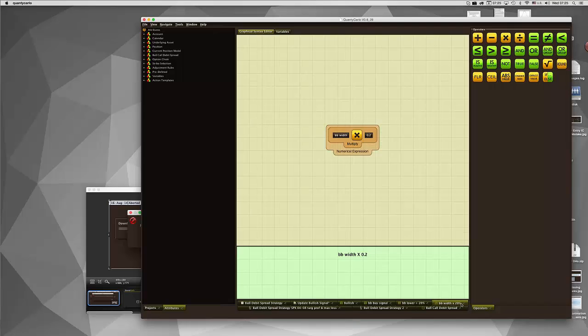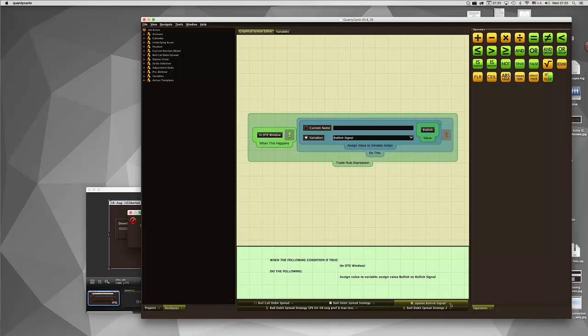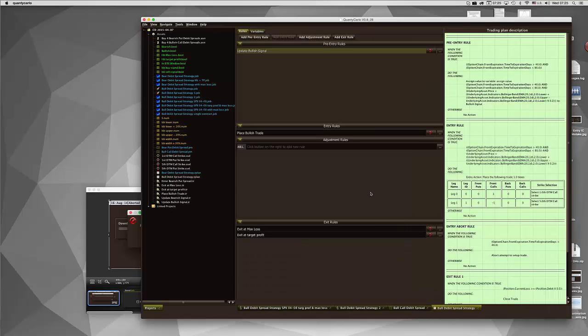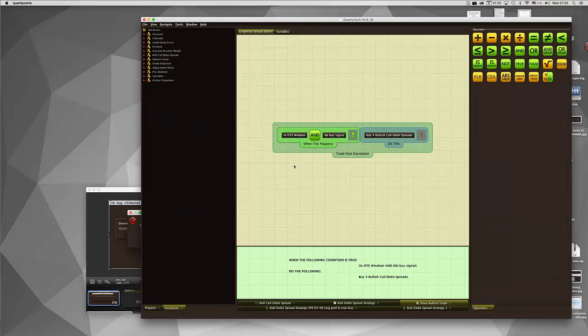So now, what do I have? I've got a hypothesis that I have a signal here that tells me when I should be bullish. And I want to build a trading rule around that. So it's quite simple. Here it is.